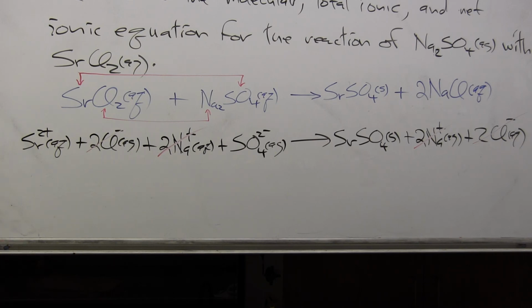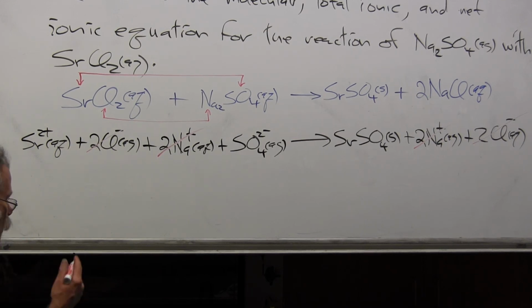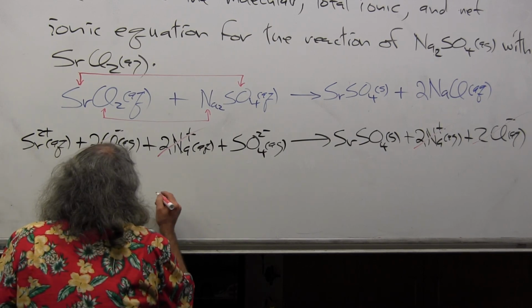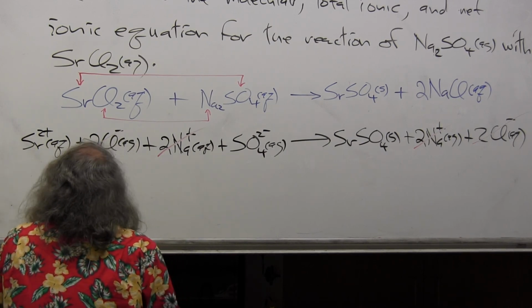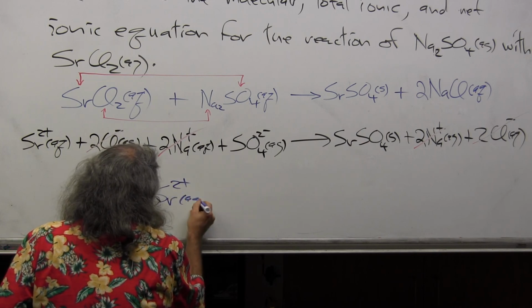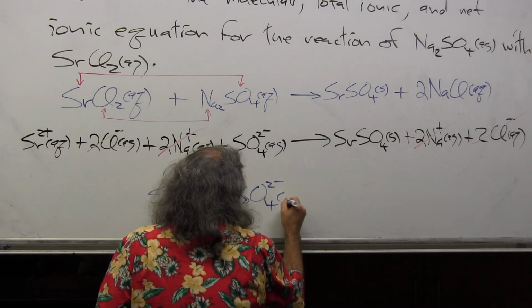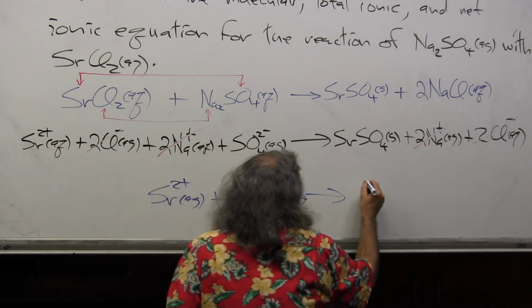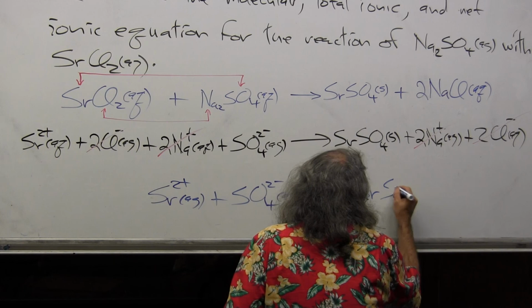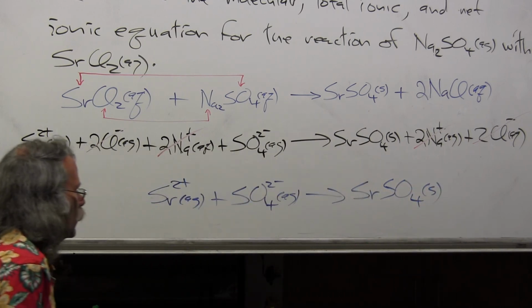I like to follow the convention we've been following all along when it comes to nomenclature and writing formulas. We start with a cation first, and it makes it sort of consistent. So I'll write this as strontium 2+ aquated plus sulfate SO4 2- aquated going to strontium sulfate solid. And that's my net ionic equation.